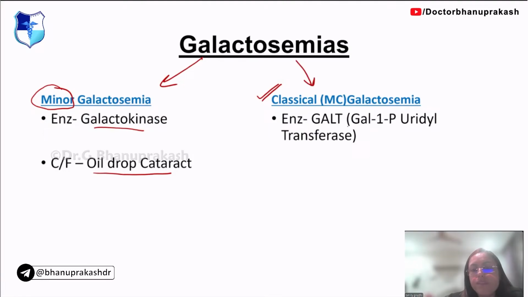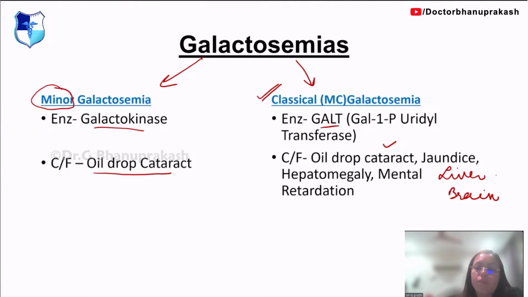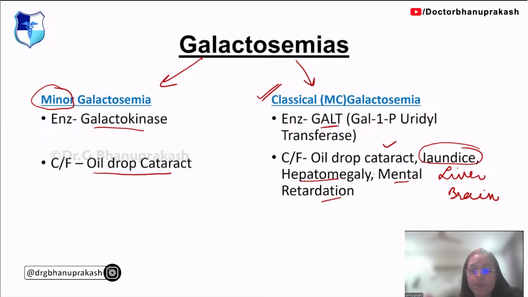Enzyme is GALT. Full form is galactose 1-phosphate uridyl transferase. The clinical feature is cataract, but in addition, liver and brain are also affected here. Because liver affected, so patient has jaundice, hepatomegaly, and mental retardation. Brain is affected, so mental retardation.